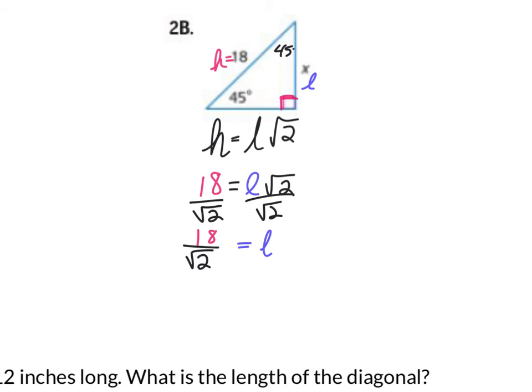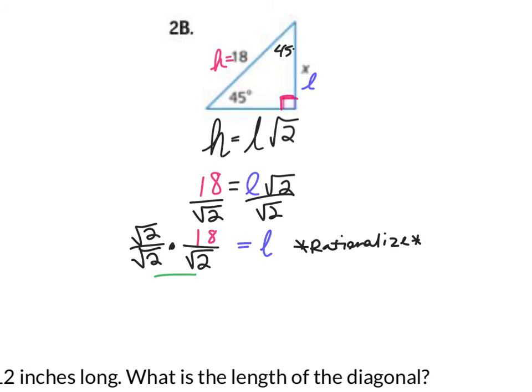This is the part where we need to get rid of the radical on bottom. Since we don't have a radical on top, we still have to rationalize. All right, so in order to rationalize, remember you multiply by that square root of 2.